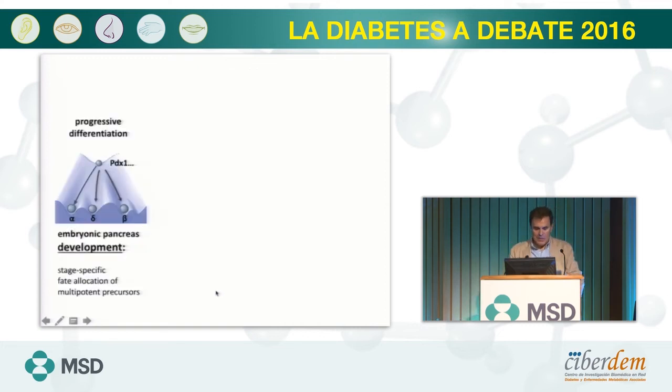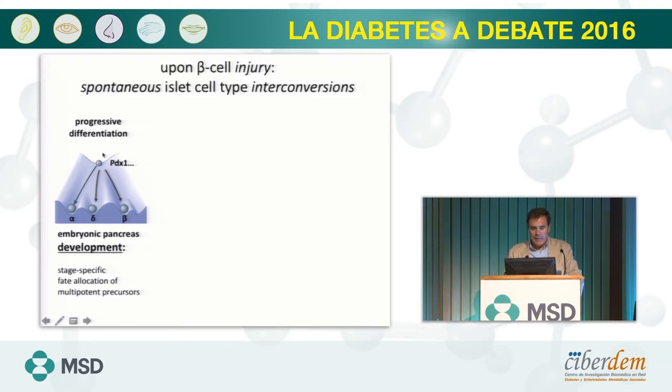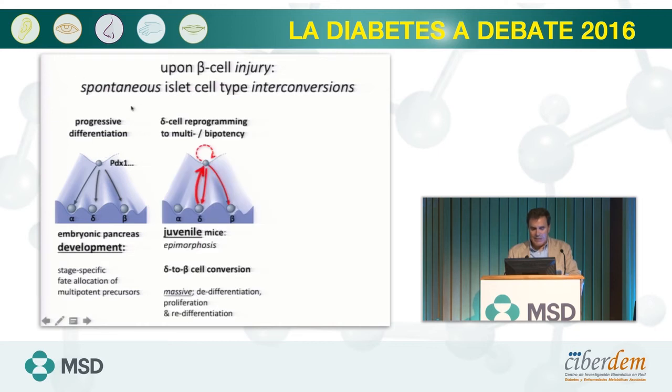So what happens can be summarized in this slide. During pancreas development, we have this stage-specific fate allocation of cells from multipotent precursors. But what happens after beta cell injury postnatally is that we have spontaneous cell-type interconversions. In juvenile mice, we have this epimorphosis whereby delta cells de-differentiate en masse, they replicate, and they become bipotent, so that they give rise to new populations of delta cells and beta cells.